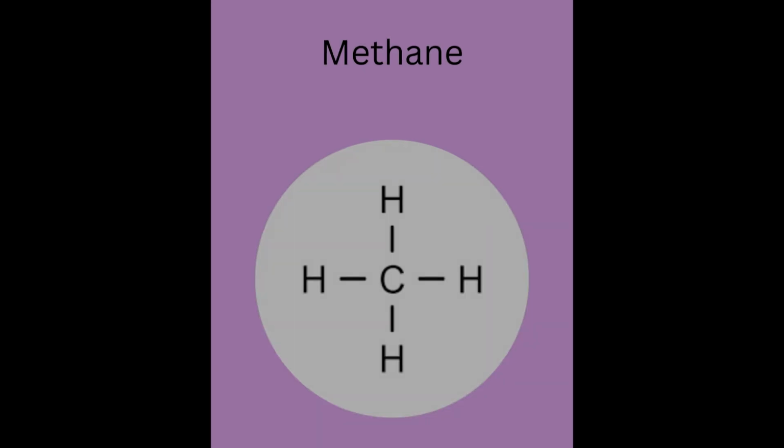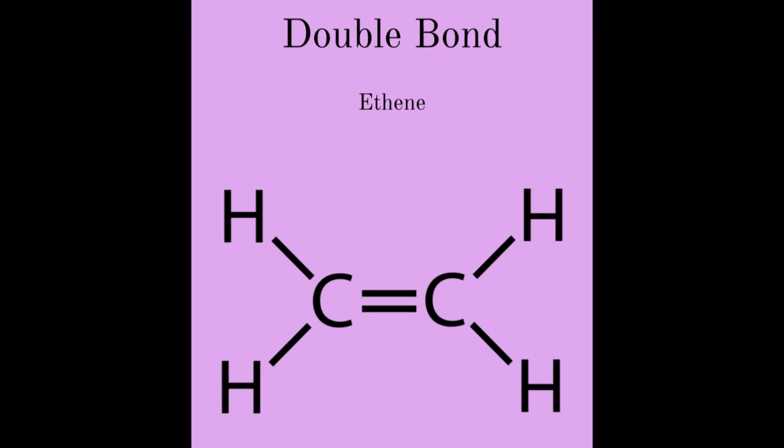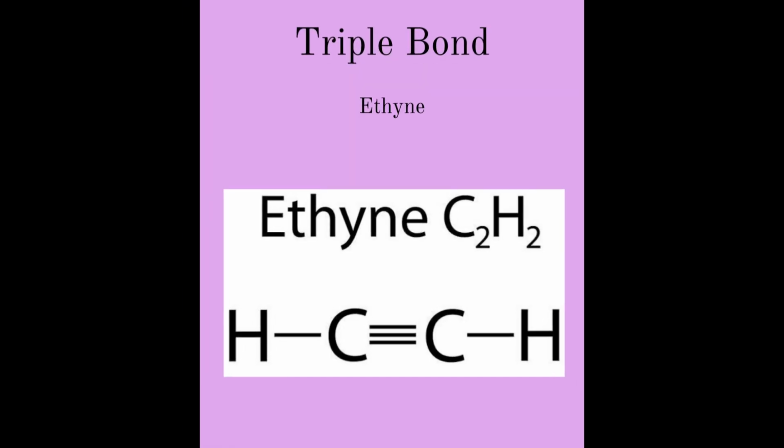In this chapter, you will come to know how carbon forms single bond, double bond, triple bond and 4 covalent bonds with different elements, especially hydrogen. And this bond of carbon and hydrogen is a very special bond which gives rise to one important concept, that is hydrocarbons, which I will be explaining in the next video.